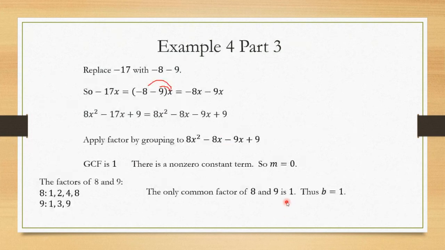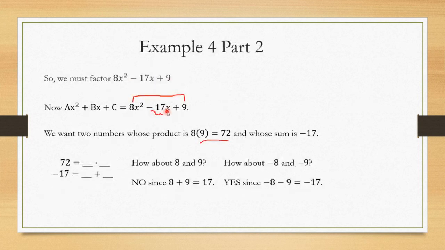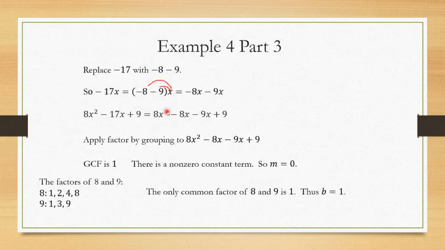What's the next step? We have to replace negative 17 with negative 8 minus 9, right? Negative 17 is the coefficient of x here. So that's what we're doing here: negative 17 times x, I replace it with negative 8 minus 9 times x.